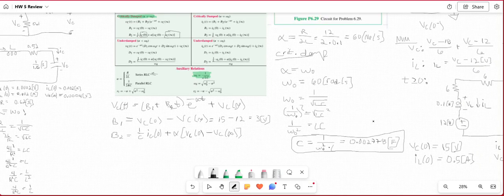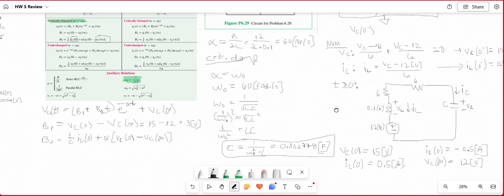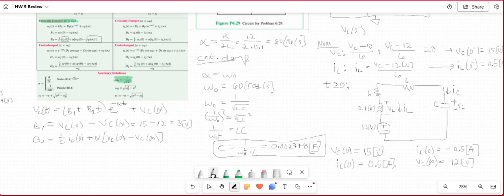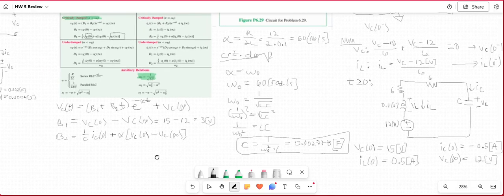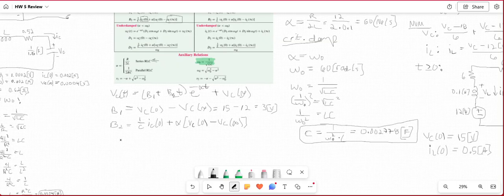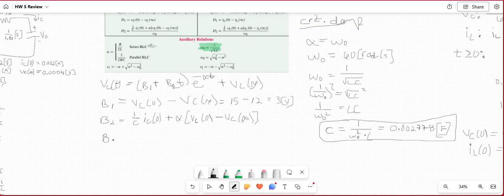We have capacitance, 0.002778, and it was necessary to find the capacitance to be able to do this. And then IC of 0 is negative 0.5. And then we have alpha, 60, and VC of 0 minus VC of infinity. So when we plug all that in, B2 is equal to 0.